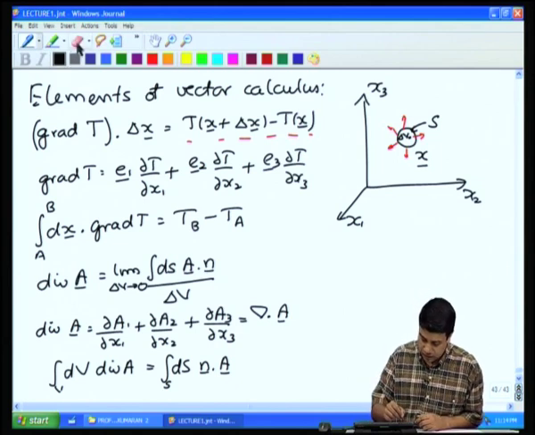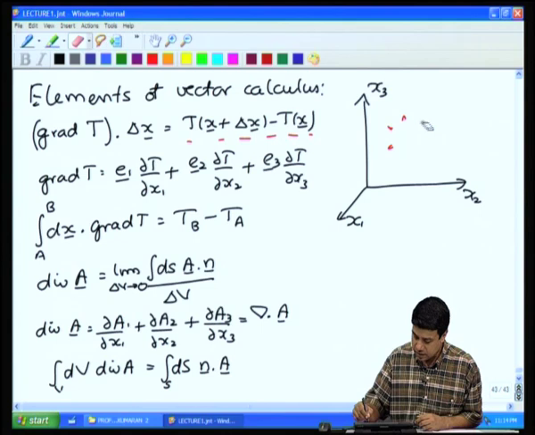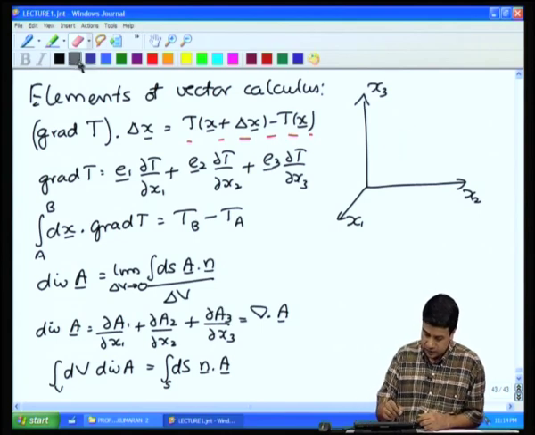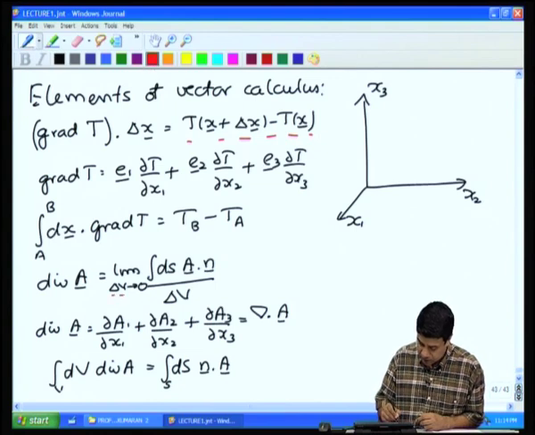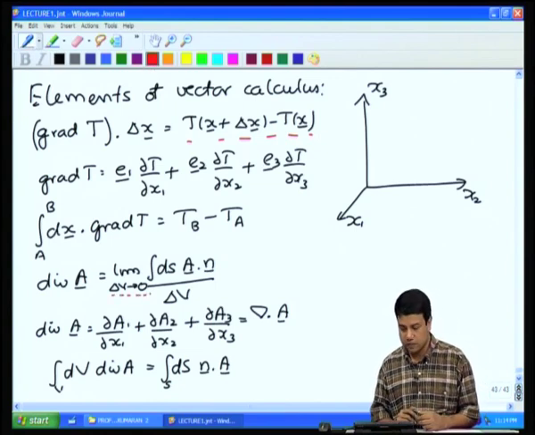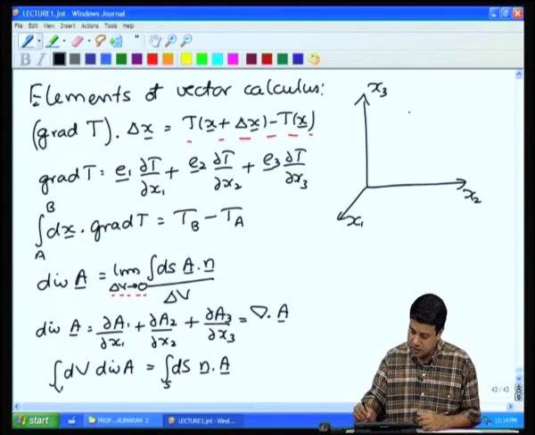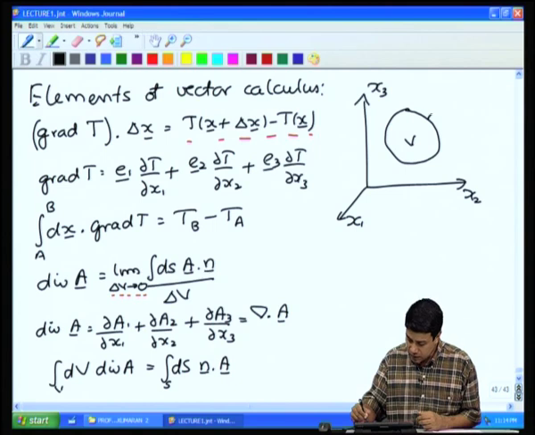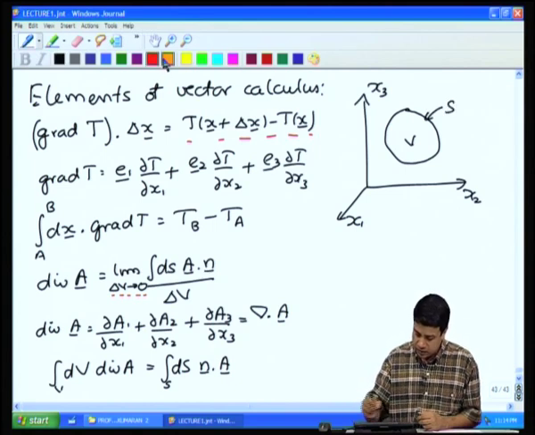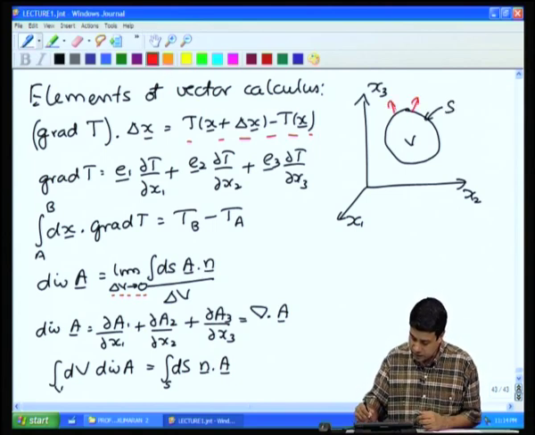And for this, rather than taking a differential volume in the limit as the volume goes to 0, you actually take a large, macroscopic volume V with a surface S and with unit normal defined at each point on the surface.